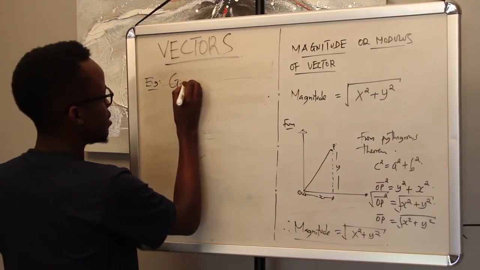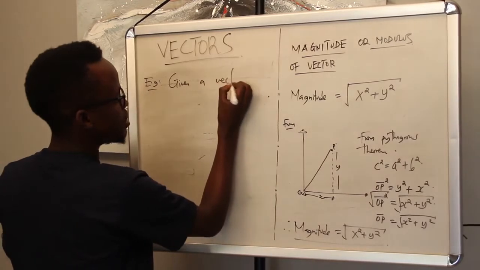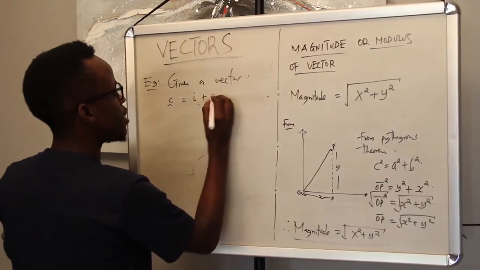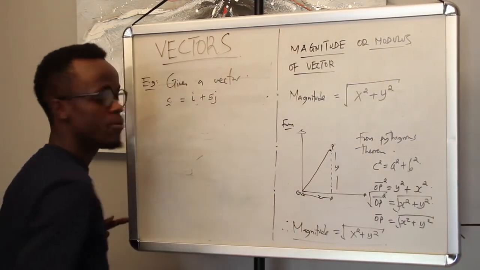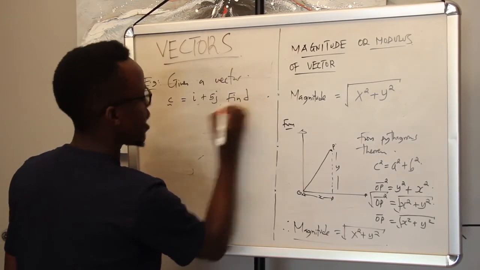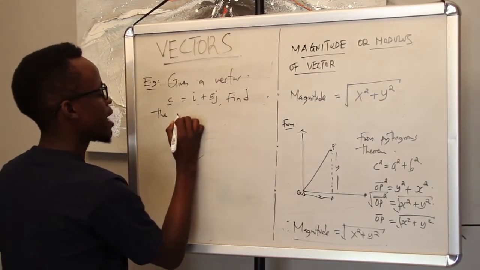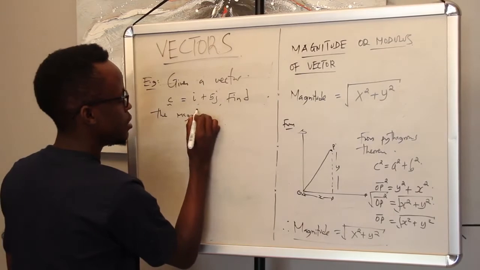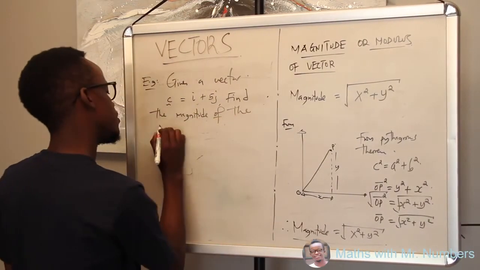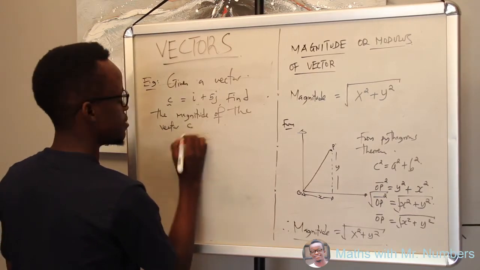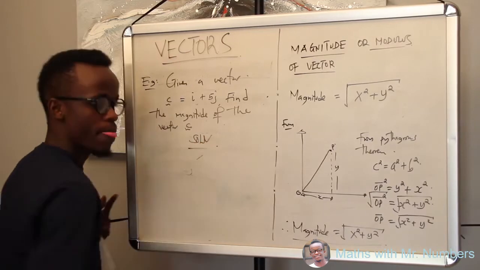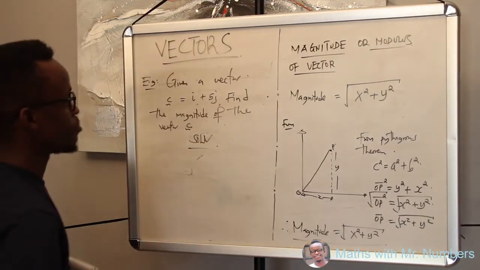Given a vector C as i plus 5j, someone asks you to find the magnitude of vector C. Solution: the first step is to write the vector in position.